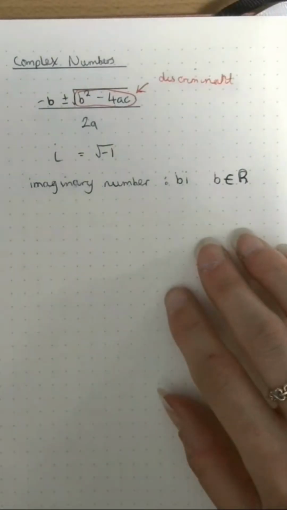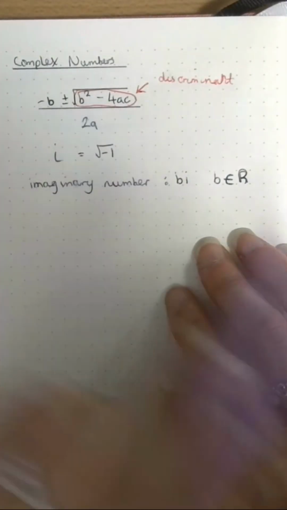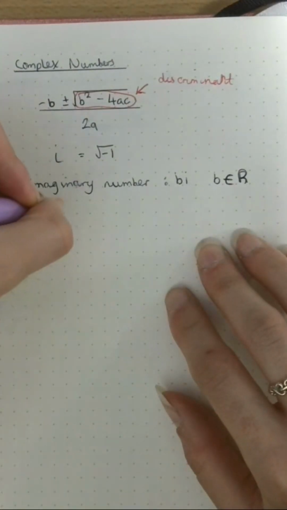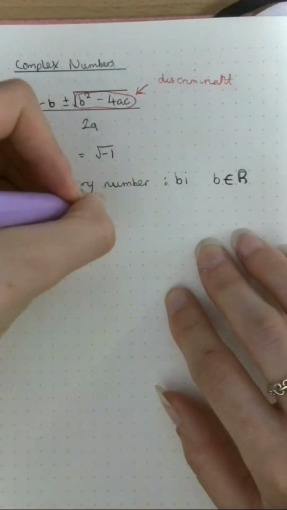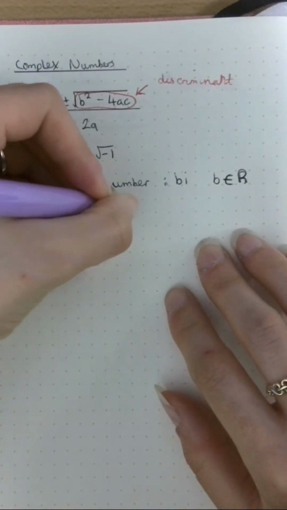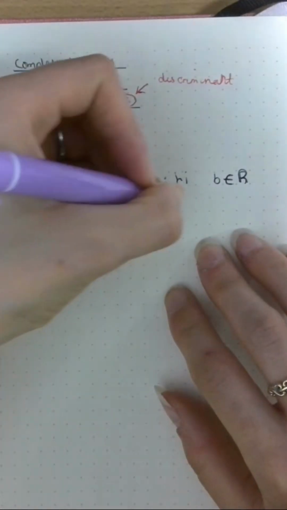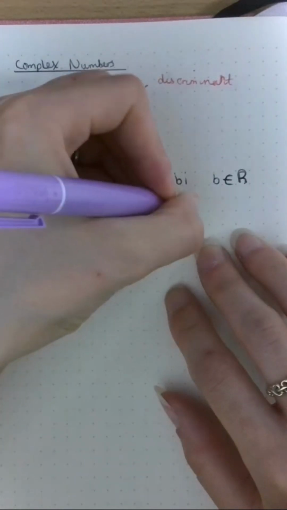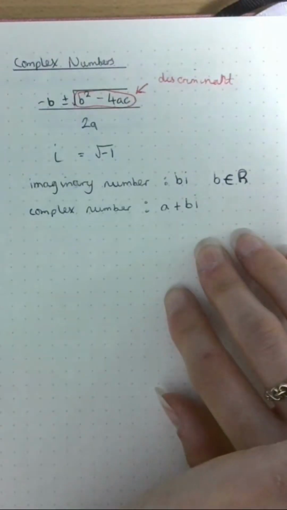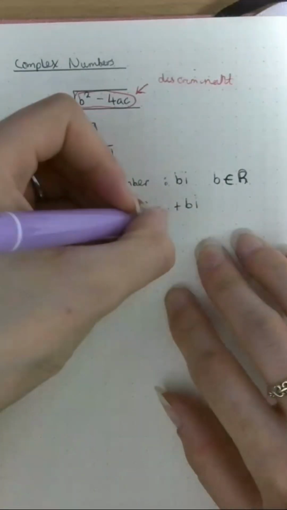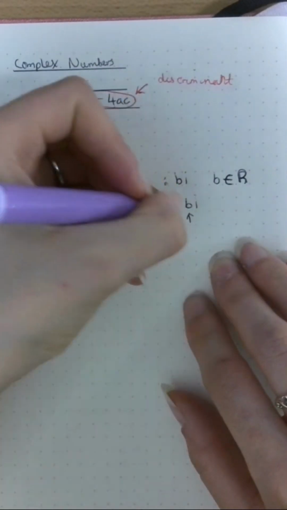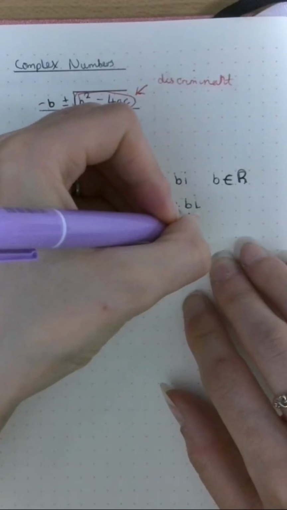Then let's talk about complex numbers, because the title says complex numbers. So a complex number is any number that has both a real and an imaginary part, and that is in the form a plus bi. a is the real part of our number, and bi is the imaginary part of our number.